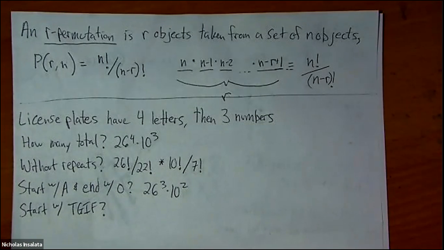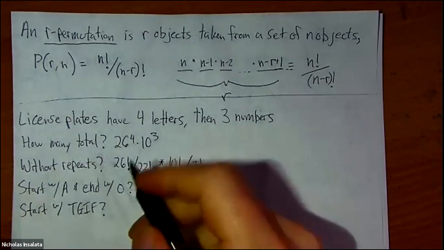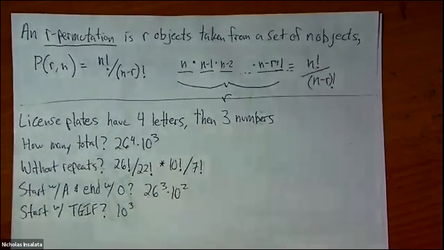Most vanity plates are pretty terrible. 10 cubed. Yeah, it's not a very good vanity plate because 6 days out of the week, it's kind of stupid, right? You only have a 1 in 7 chance of your vanity plate actually working if it's TGIF, so not a good one. Okay, that's fine. I think we got that one.